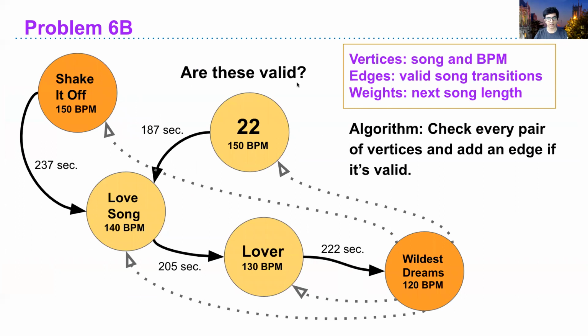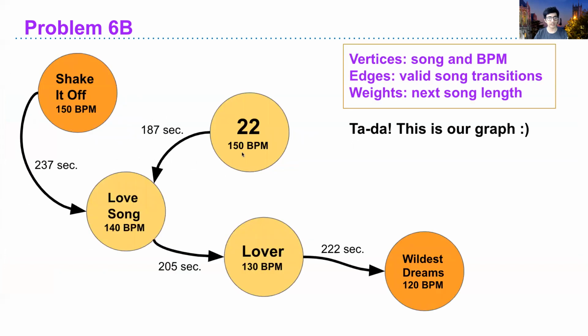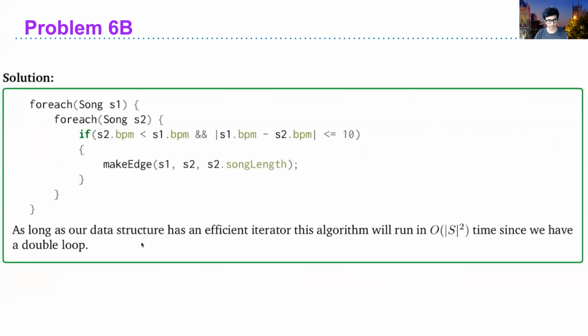That question is being answered by this inner if statement, and the two for-each loops outside are just iterating through each pair of nodes. As long as our data structure has an efficient iterator, our algorithm is going to run in O of S squared, where S is the number of songs, or the number of nodes, in our graph.